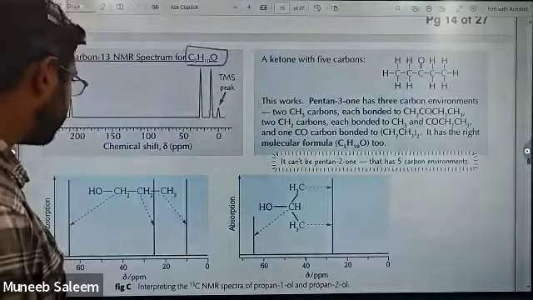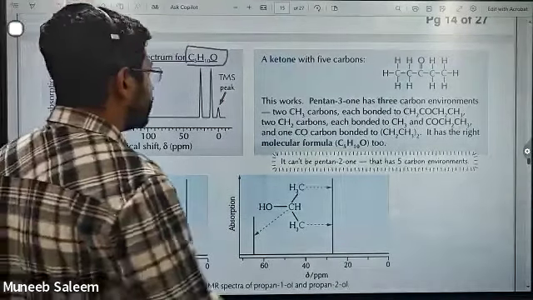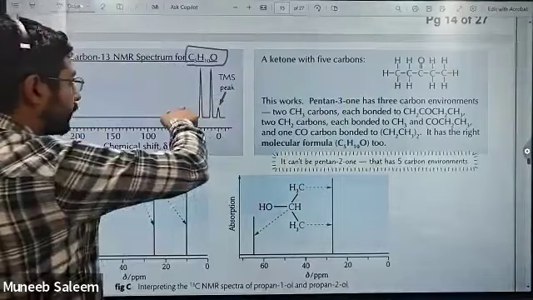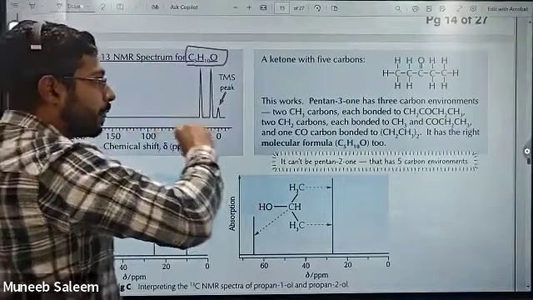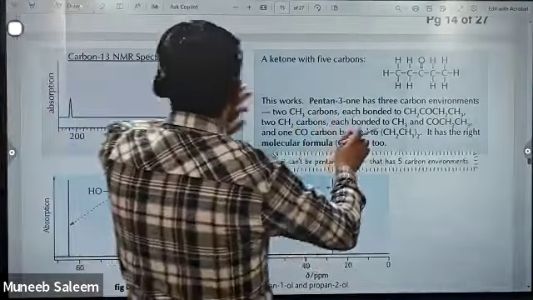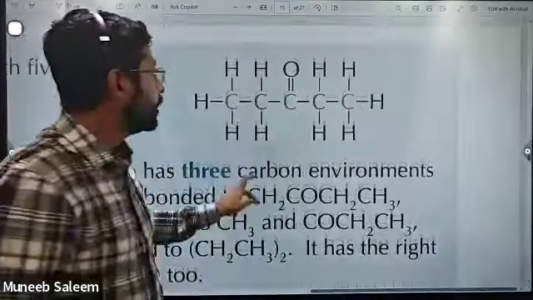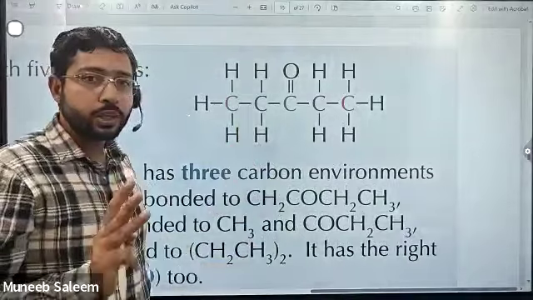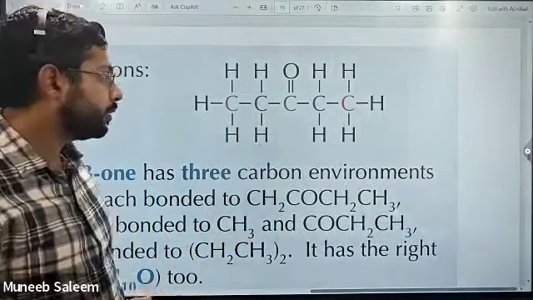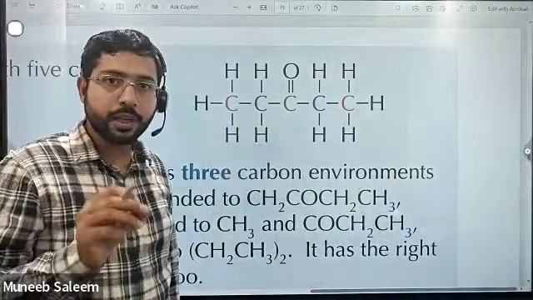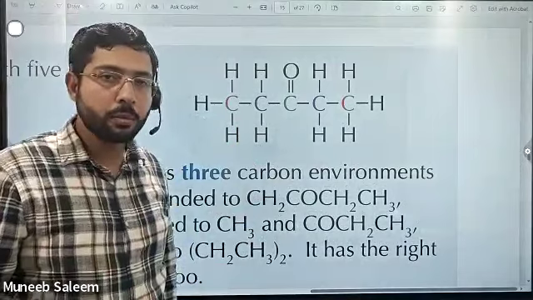Now over here, what do we have? This ketone matches with this spectrum. How do we know that? If we look closely over here, we have in total three different types of chemical environments. We have three different chemical carbon atoms.